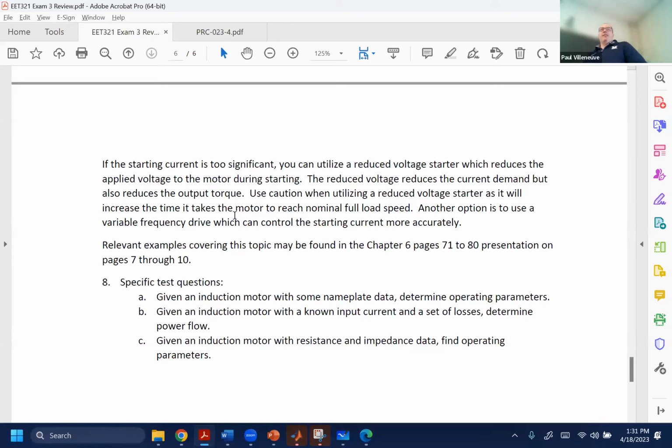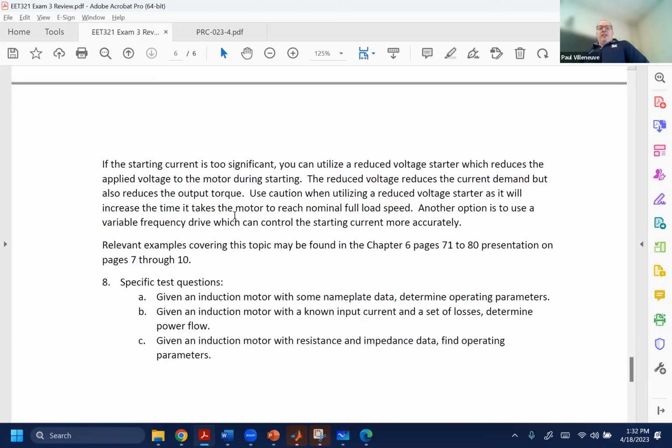And those are the specific test questions. There's only 3, but there's going to be lots of steps to get there, kind of like the homework. The first one is determine operating parameters, which means given a DC short circuit and nameplate data, figure out slip, figure out power losses, that type of stuff.